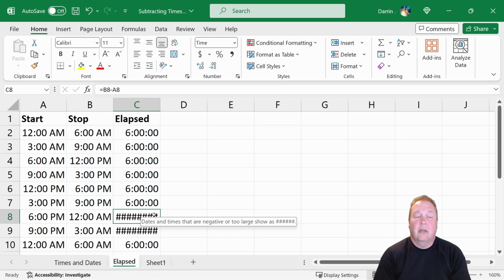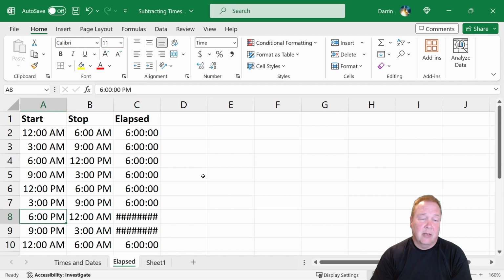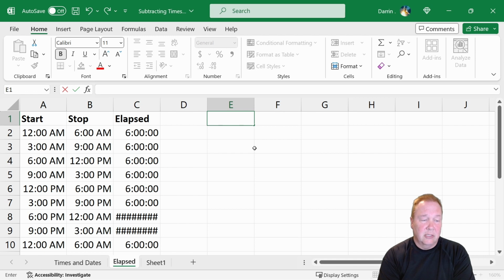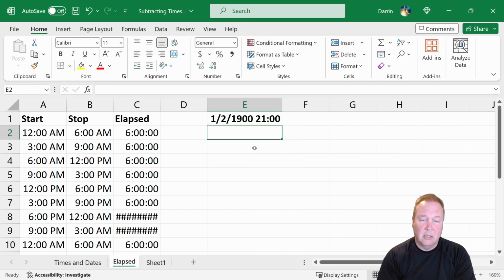So the way you need to fix this using the Excel method, you actually have a couple of options involved here. One option is that you could actually change this and put the dates on here. Let's just put this over here temporarily. So this is going to be, let's do 1/2/1900 at, let's go and do 2100 hours.